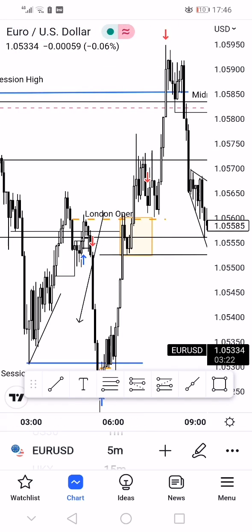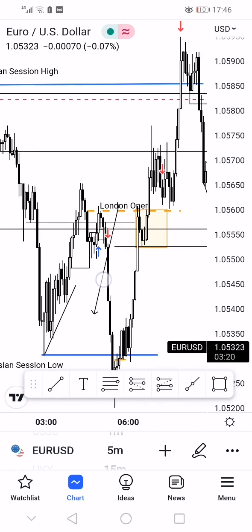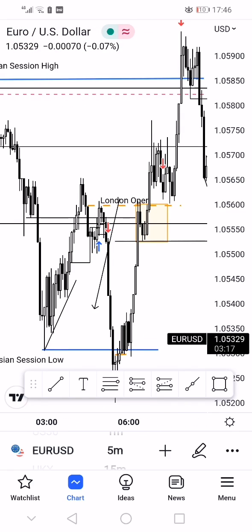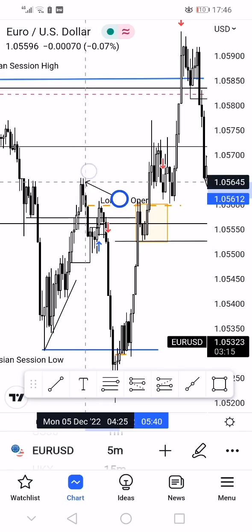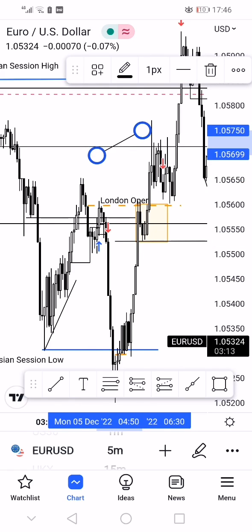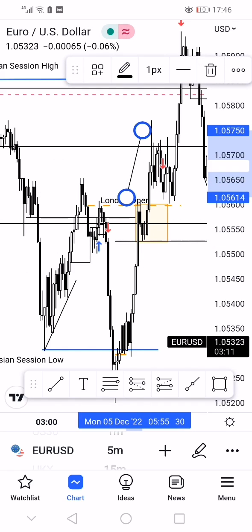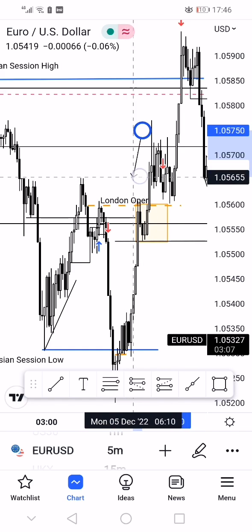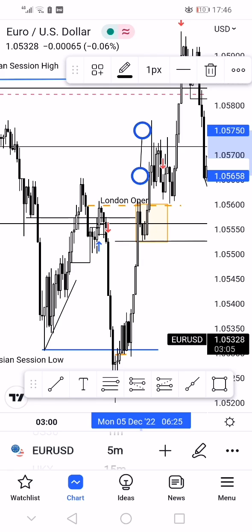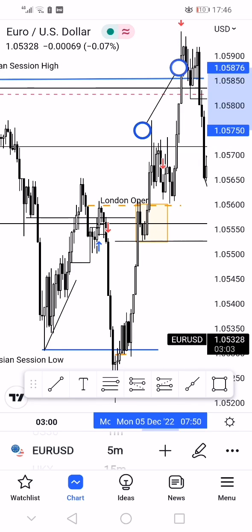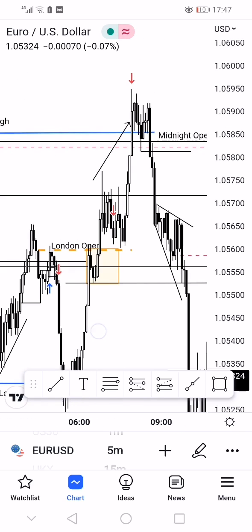So when the market came here above the London Open, we took our partials and then we let the other half run all the way up to the take profit here.